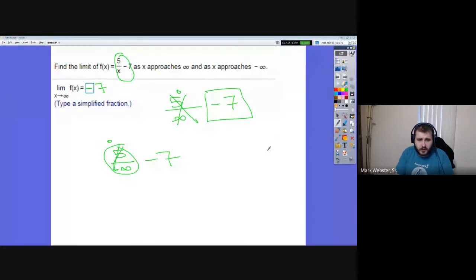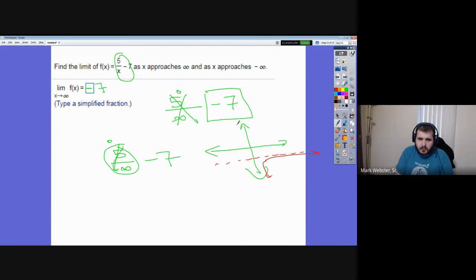If we look at the function, here's my terrible graph here, but if we look at the function as we go to positive infinity, the y value approaches negative 7.